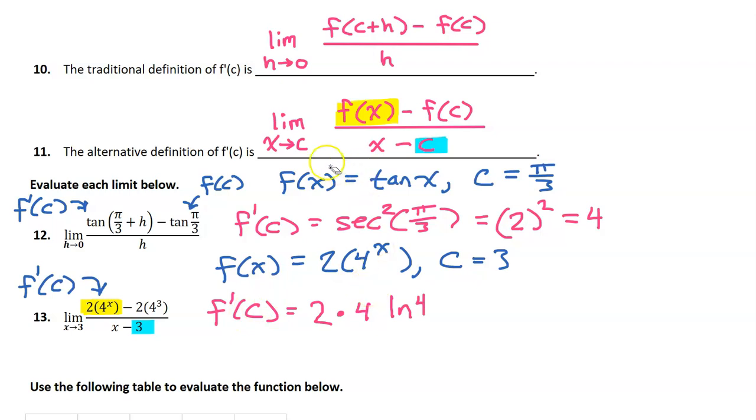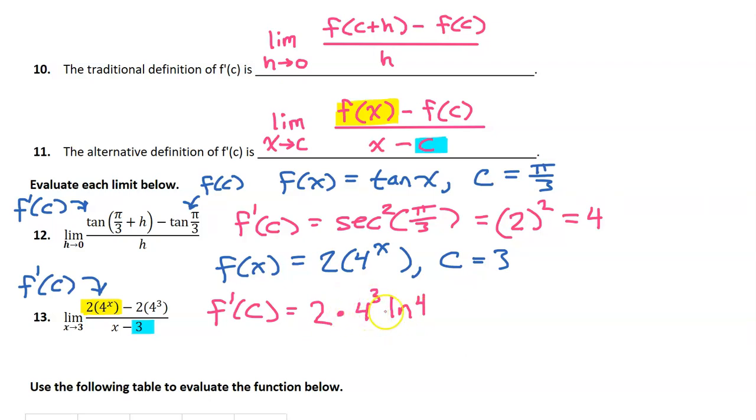So instead of putting x right here, I'm going to put the c value, which is 3. So this is the derivative, and in fact, on a free response question, there's nothing wrong with just leaving your answer like this. But I am going to go ahead and simplify it since we're just practicing.